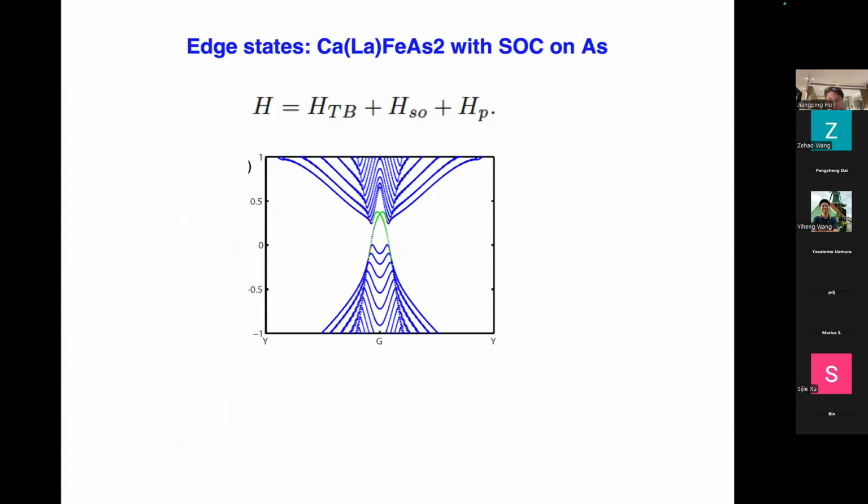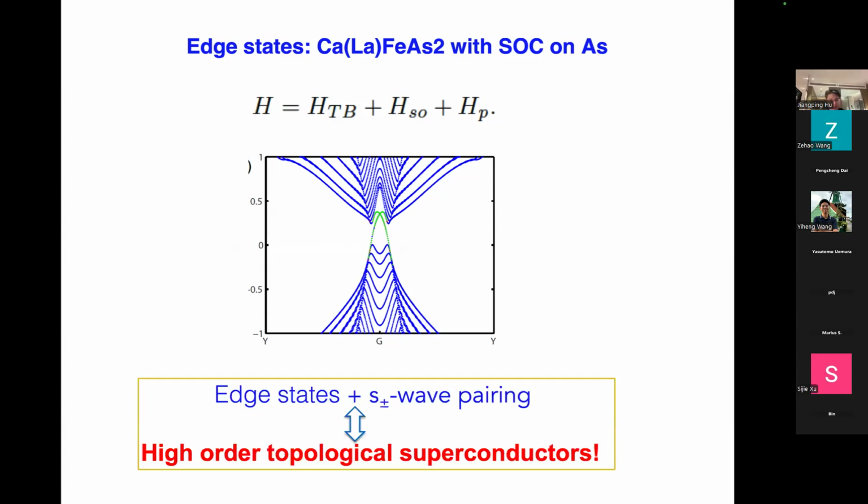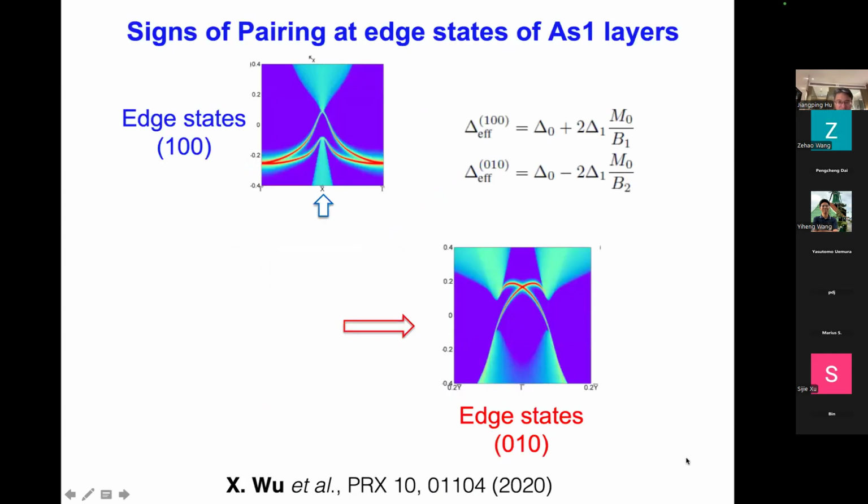So if you have this arsenic layer, it is a topological insulator, and we will have edge states. We calculated that there will be edge states at the arsenic layer, and with the proximity effect from S plus minus wave pairing, this will actually be a higher order topological superconductor.